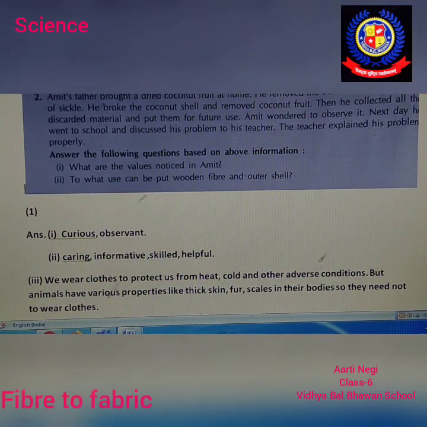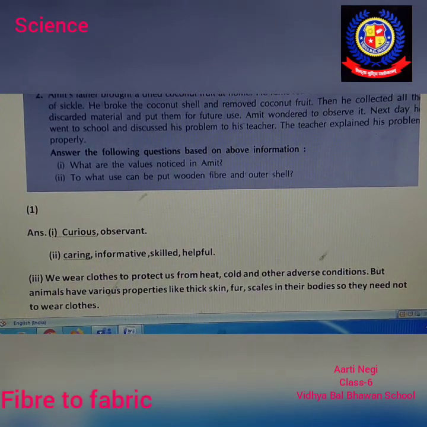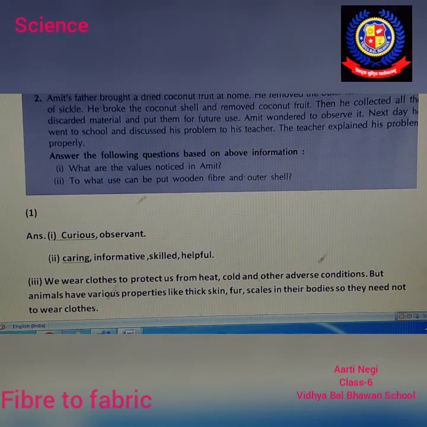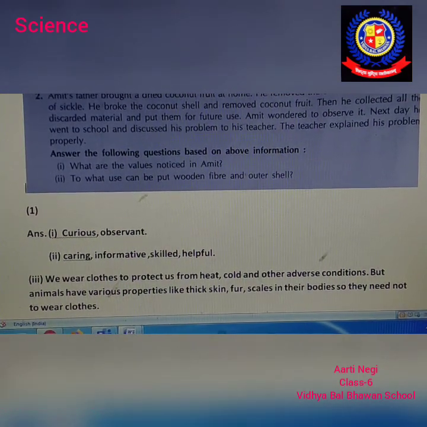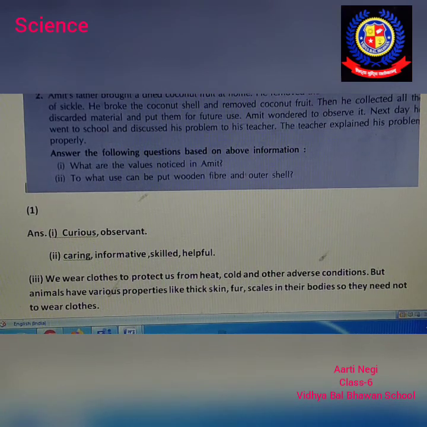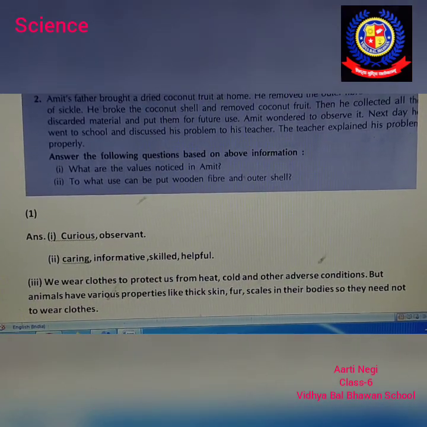The quality, or you can say the property, of Sahil was that he was curious and observant. Curious means eager to get to know the answers to questions, and observant means he observed different things present around him. And the qualities of his father were caring, informative, skilled, and helpful, because he was helping his son.